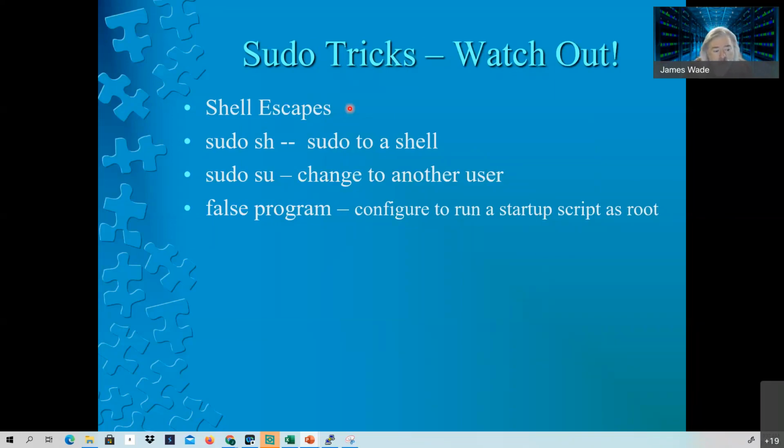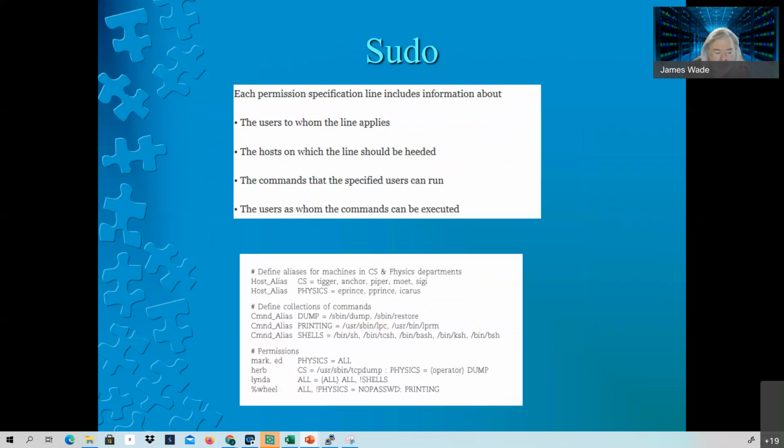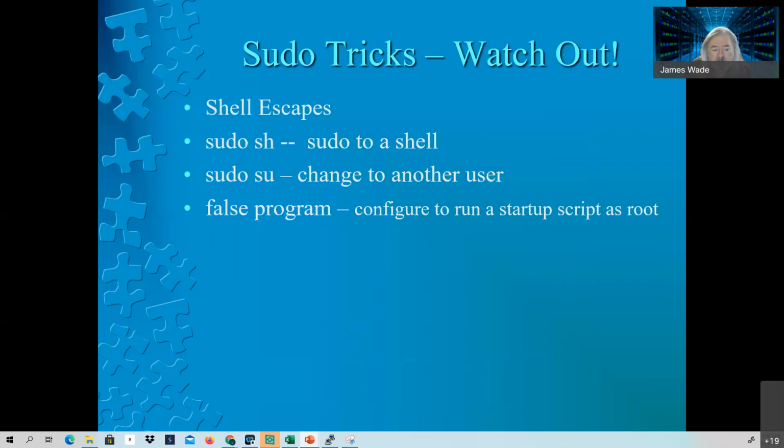You also have to watch out for cases like where we gave shell privileges right here, all these shell privileges. That means anybody with permission to do that can run sudo sh and they have a root shell. The other thing to watch out for is if you added the su command in there, meaning switch user. They do sudo su and they can change to another user.